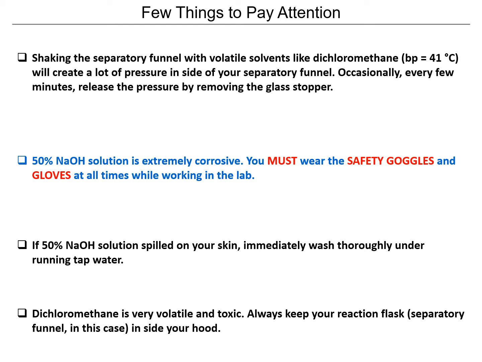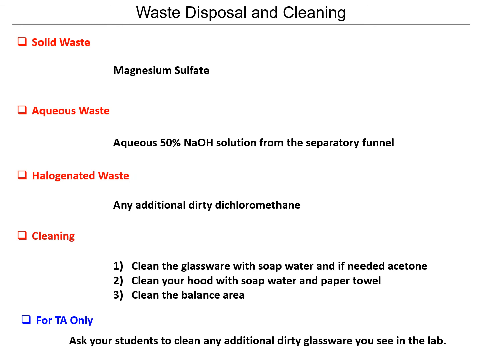Use as many safety gloves as you need in order to do this procedure. If 50% NaOH solution is spilled on your skin, immediately wash thoroughly under running tap water. Dichloromethane is very volatile and toxic. Always keep your reaction flask inside your hood and away from your face.